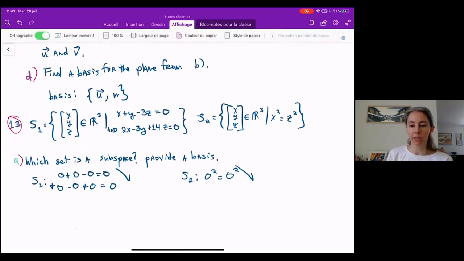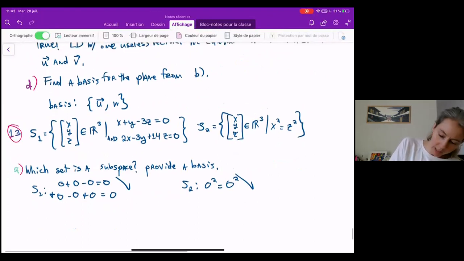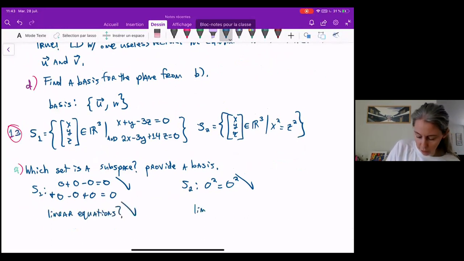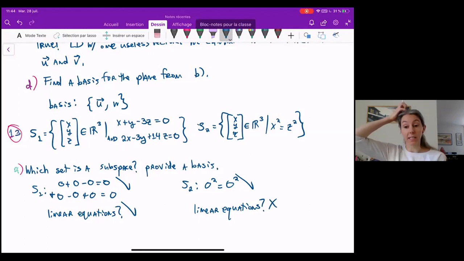In S1, do we have linear equations? Yes. So here, these are linear equations. What about over here in S2? Do we have linear equations? No. So S1 is the subspace. If we're told that one of them is a subspace, it's got to be S1.